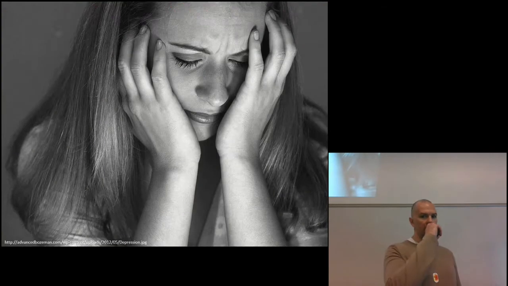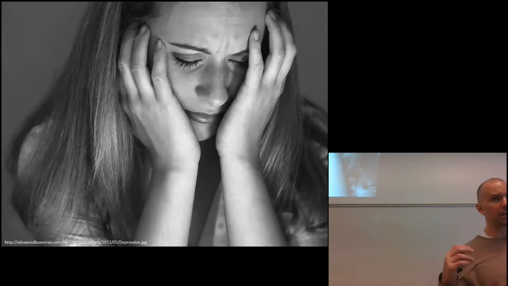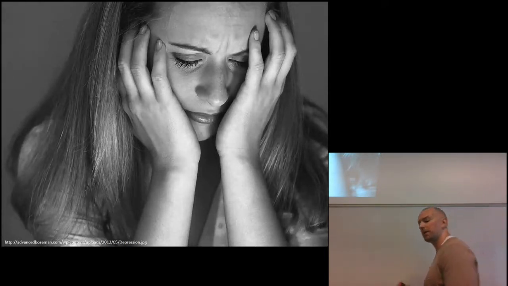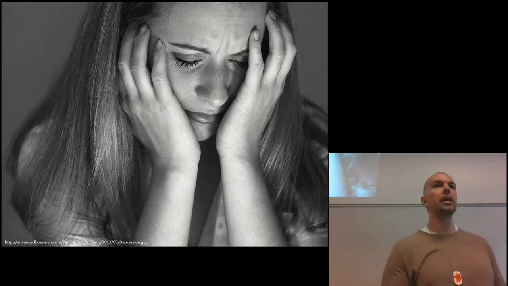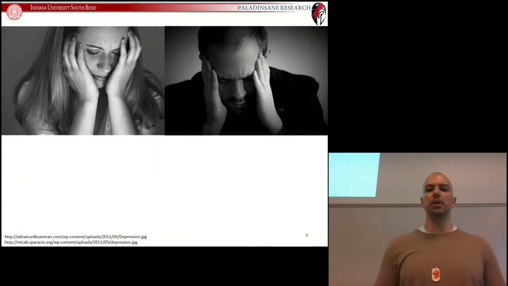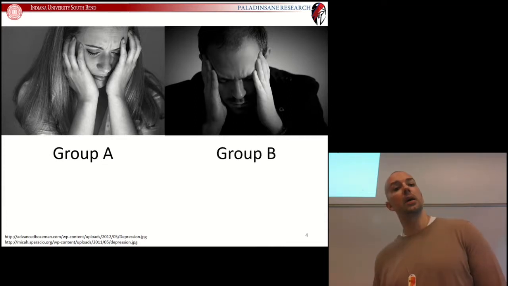Well, let's set up a situation here where you would want to know about variance, you would want to know about standard deviation. So let's say that you were working in a clinic and you dealt with people with depression, and specifically you had two groups of people under your care. Group A, they had a certain type of depression. Group B, they had another type of depression.